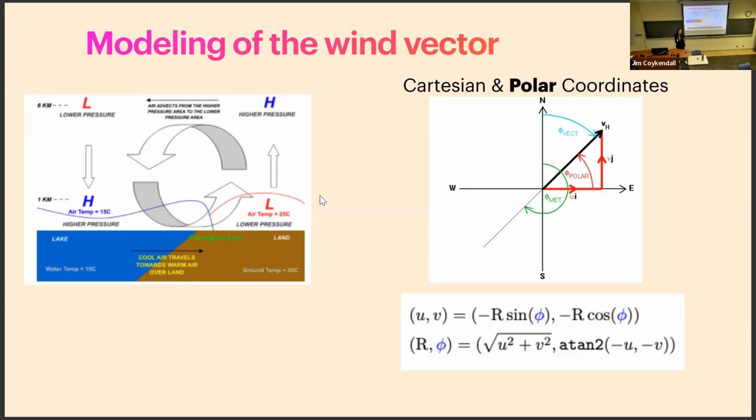Should you have the data given to you in one form, you can always transform it into the other form using the transformation formulas on this slide. Now, my focus is on modeling wind speed and wind direction. So we're going to box the UV representation for a different time, and focus only on modeling wind speed and wind direction.